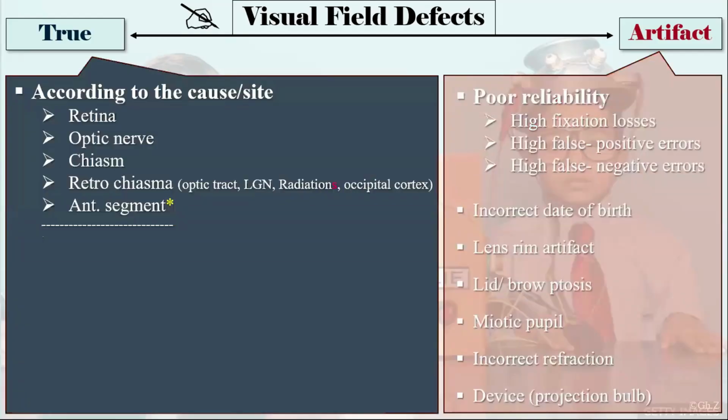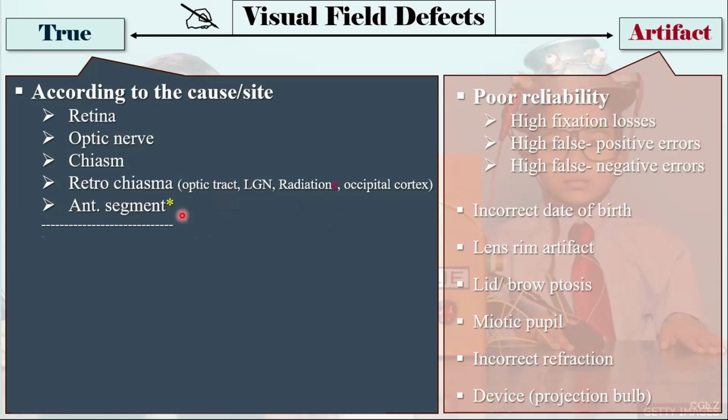When we move to true visual field defects, we can classify them based on the site of the lesion along the visual pathway. This includes lesions at the level of the retina, optic nerve, chiasm, and retrochiasmal pathway, namely the optic tract, lateral geniculate body, and the occipital cortex. Don't forget that the cause may be more anterior, such as in the cornea.